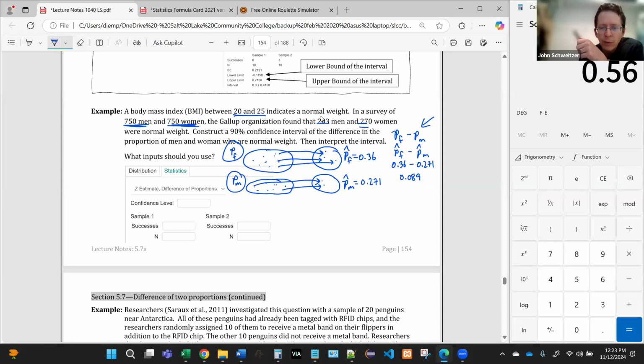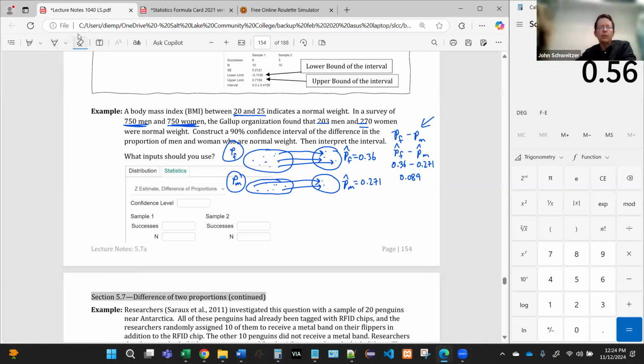So among our two samples, it does appear that the females have a higher percentage of people of normal weight. It's about 9% higher among the females in the sample than among the males in the sample. But you know how it is with sampling. There's always going to be some sampling error, right?